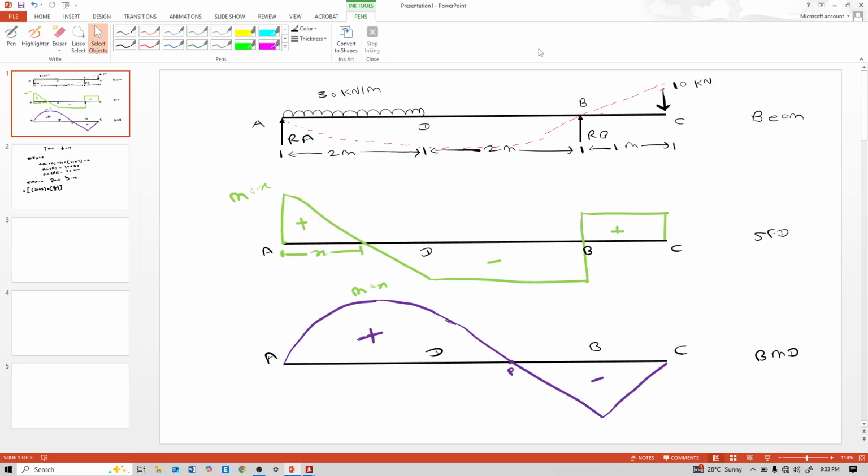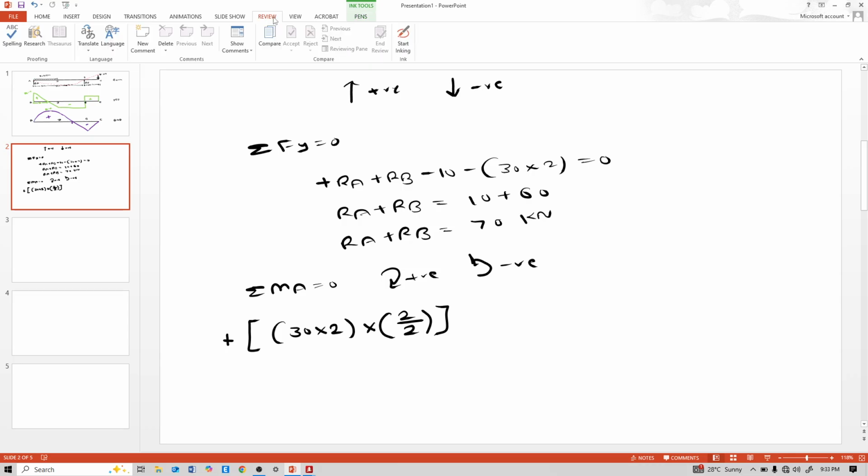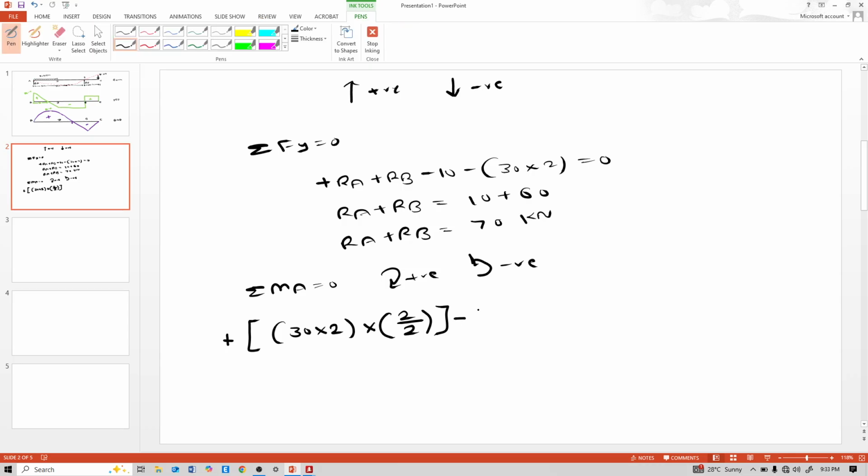This reaction RB is anti-clockwise to point A, so anti-clockwise means minus. RB, the reaction, into the perpendicular distance up to point A, which is 4.